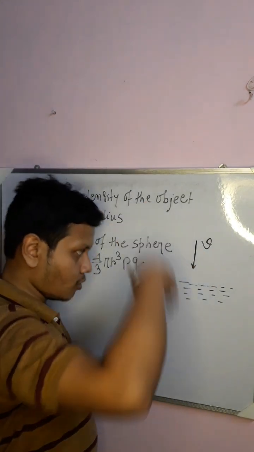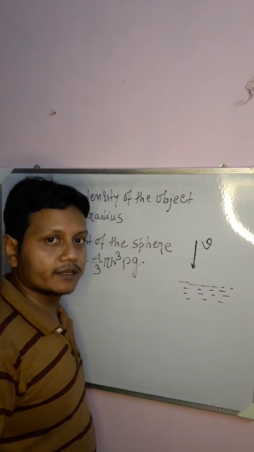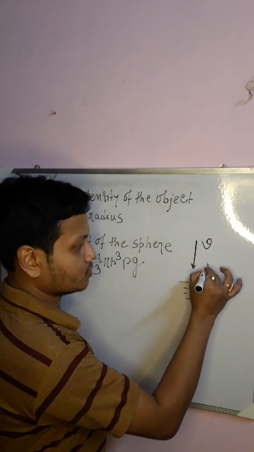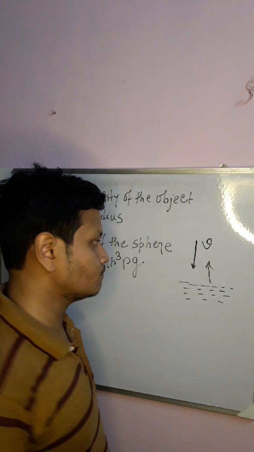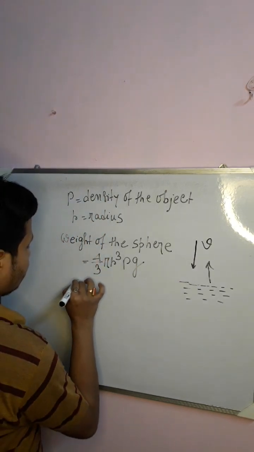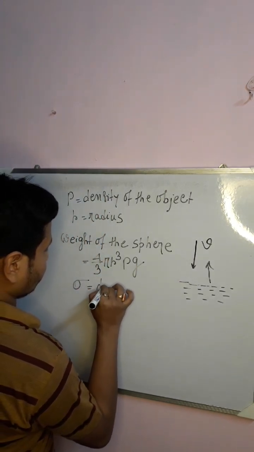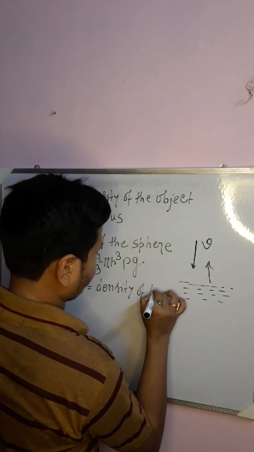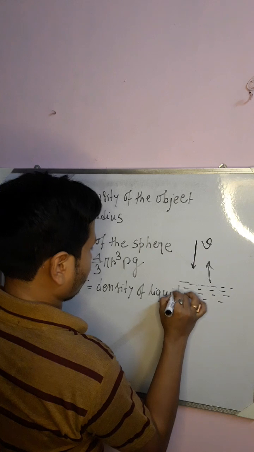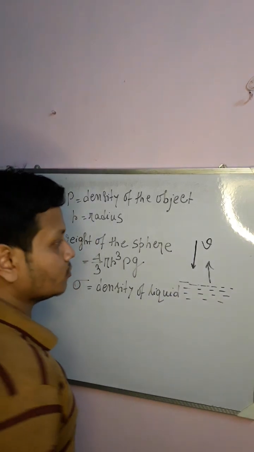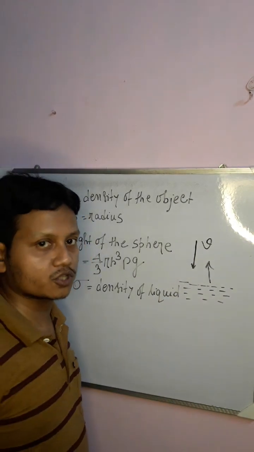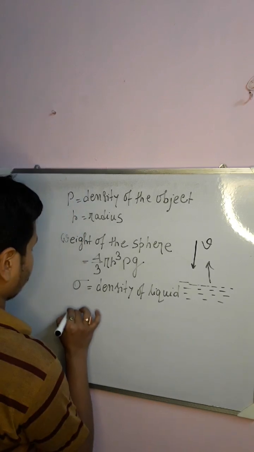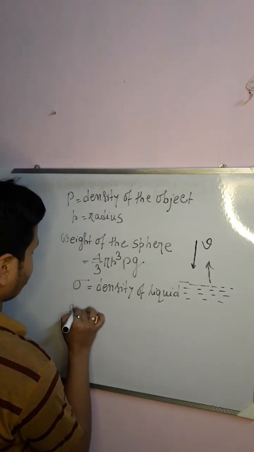Now when it falls through the liquid, the liquid again exerts an opposite force. So if sigma is the density of the liquid, what will be the upward force, or you can say the upward thrust?